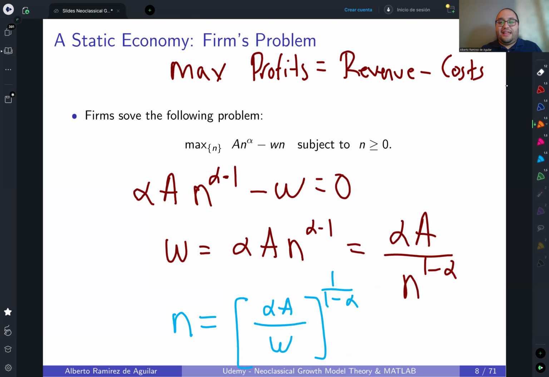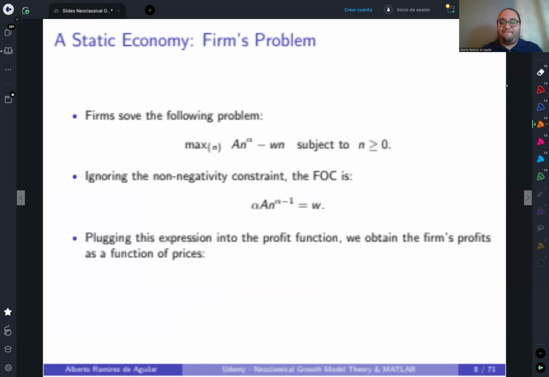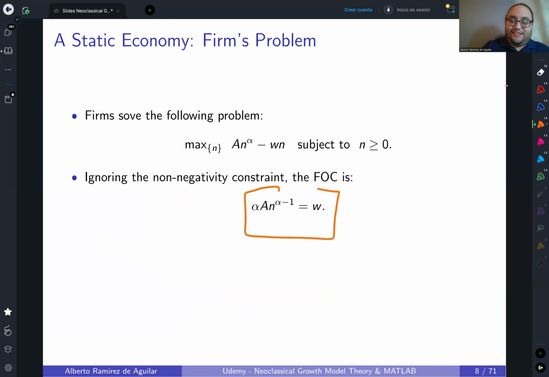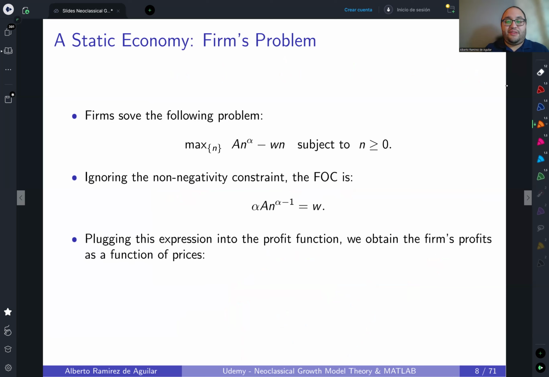So again, this is the first order condition. Now we need to also find the output, what's going to be the production, and also what are going to be the profits of the firm given their optimal decision.